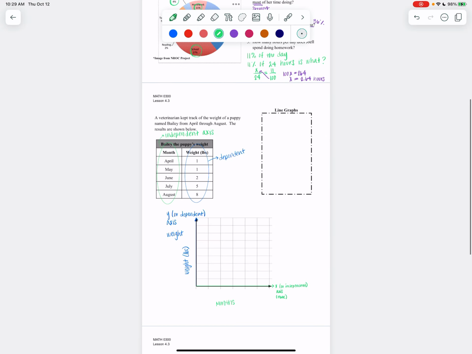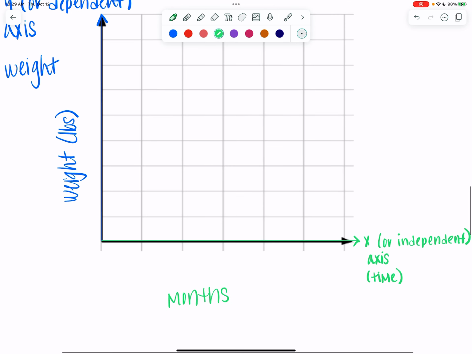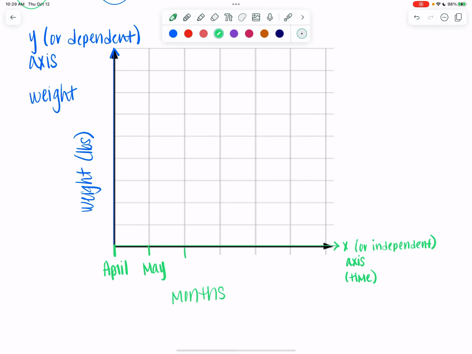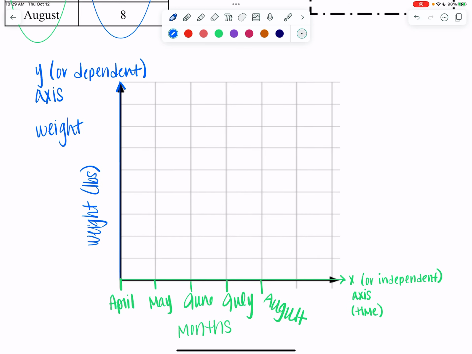They started tracking her weight in April. So we will make the very beginning April. And then May, June, July, and August. I think our scale going vertically will be pretty safe if we just count by ones.